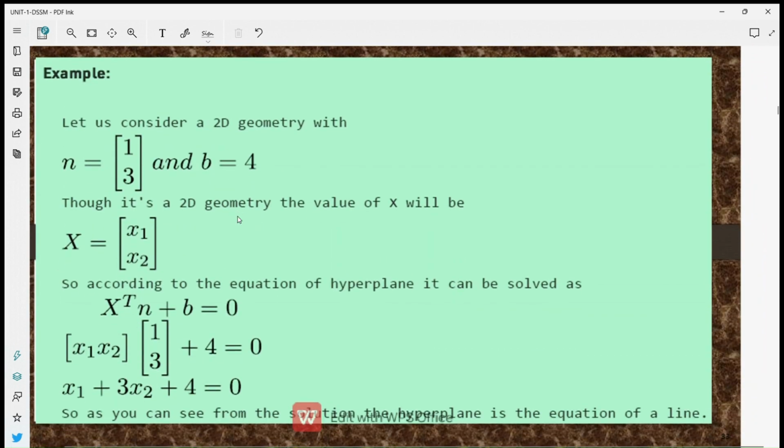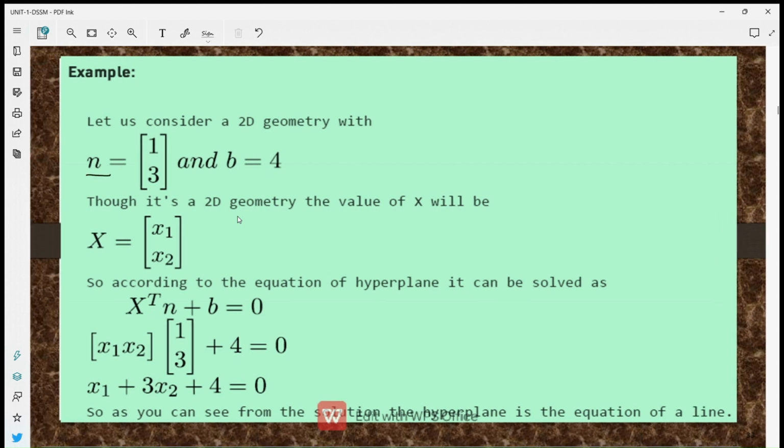Let's consider a 2D geometry, where the coefficients are given. See here, 1 and 3 are the given coefficients, and b is the constant, whose value is 4. Though it's in a 2D geometry, here in normal notation this is x and y, right?